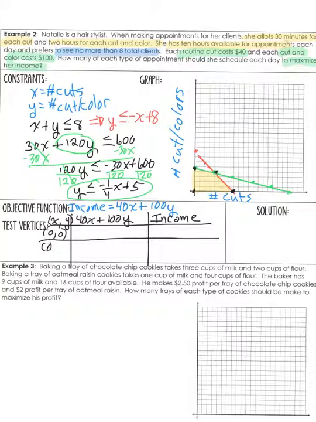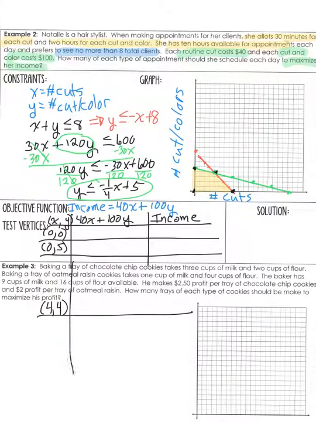So 0, 5. And then our next vertex is here, and so that X value is 4, Y value 4. So we have 4, 4. So I'll put that down way down here.